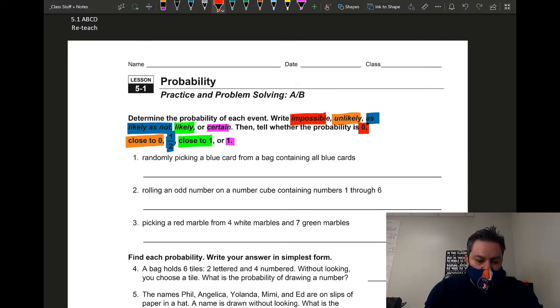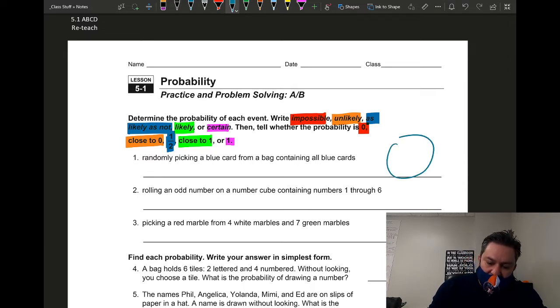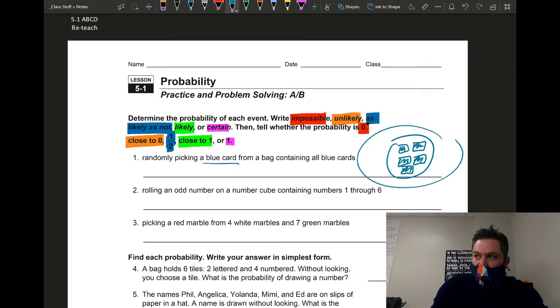So, number 1, it says, randomly picking a blue card from a bag containing all blue cards. What do you think the probability is going to be for that? It doesn't say how many, but it doesn't matter, because you're looking for a blue card from a bag that has all blue cards.